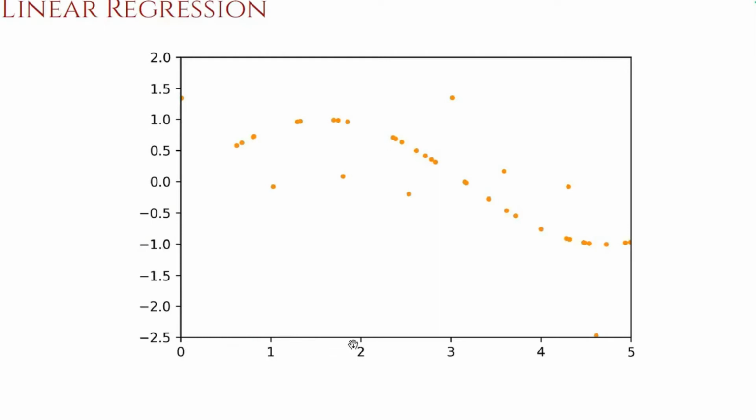But further down, if you again increase x, y is decreasing. So as x increases, y increases for a certain time and then decreases, and maybe again it increases and so forth. Then it is referred to as non-linear data. If you have such non-linearity and you try to fit it with a linear geometry, you will never be able to best represent the data.